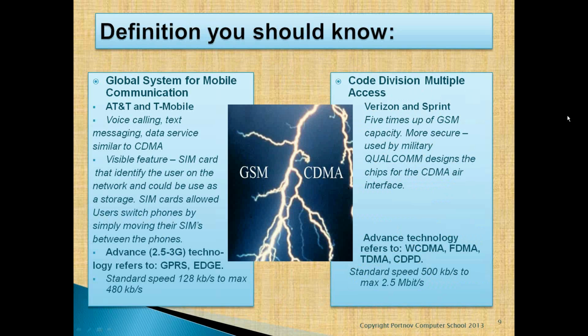If we talk about GSM, then primarily the providers associated with this network are AT&T and T-Mobile. It's kind of slow, like old technology; the most advanced you can get with GSM will be 2.5 or 3G technology, and it's referred to as GPRS and H.